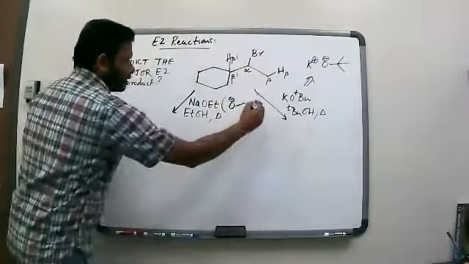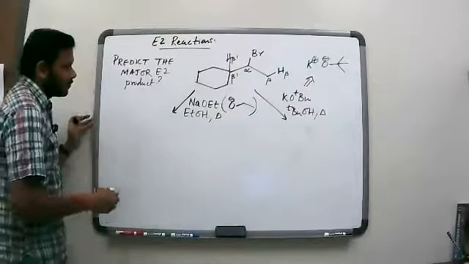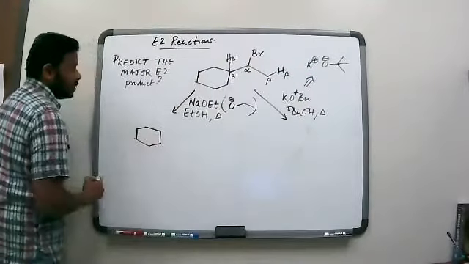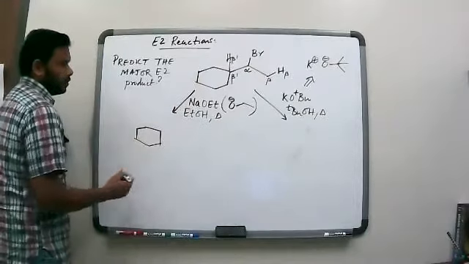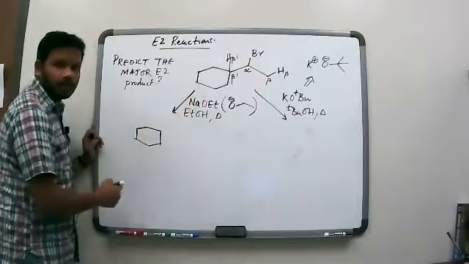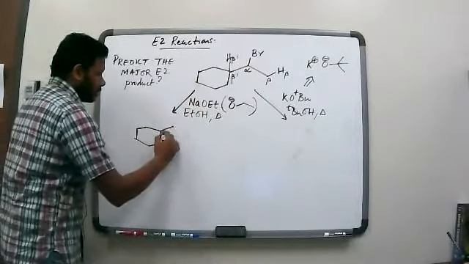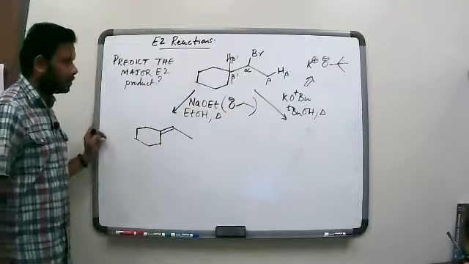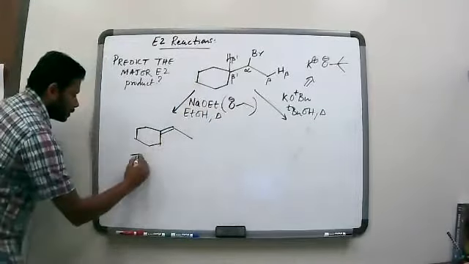So we don't have to treat that as a bulky thing. So in this particular case, when we do the reaction, it's a Zaytsev elimination because it's not a bulky base. So the product that we are going to get is going to be this. That'll be our major product. This is a Zaytsev product.